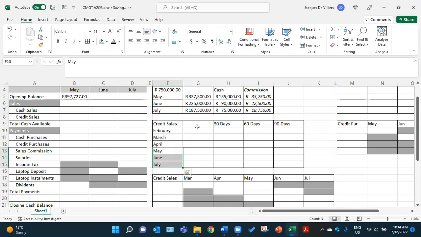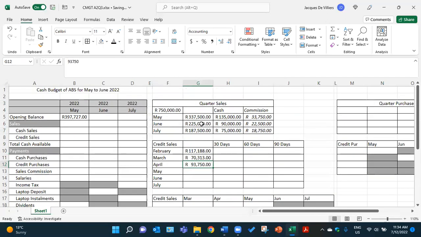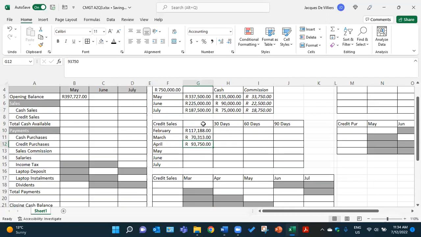In all these cases, we have credit sales. Good. And the credit sales amounts that we have for February, it was given. For March, it was given. And for April, it was given. For May, June, and July, once again, two ways to do it.